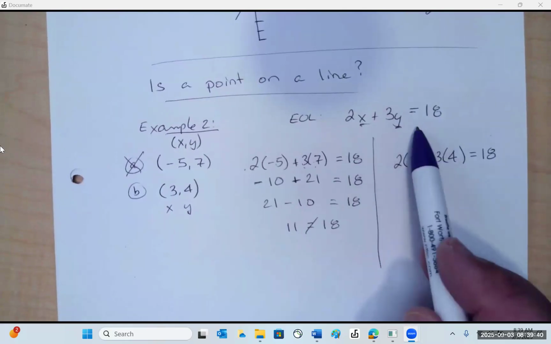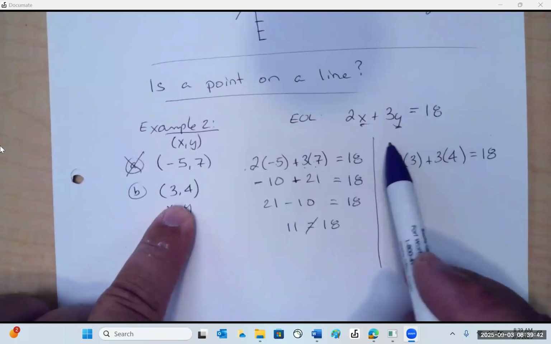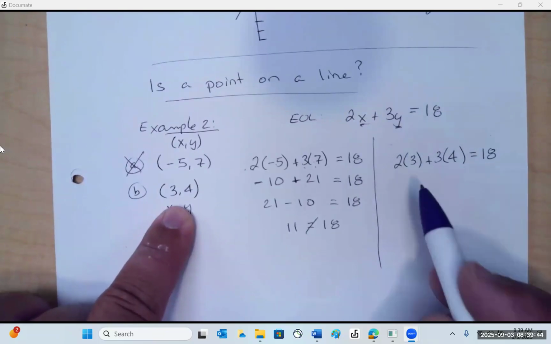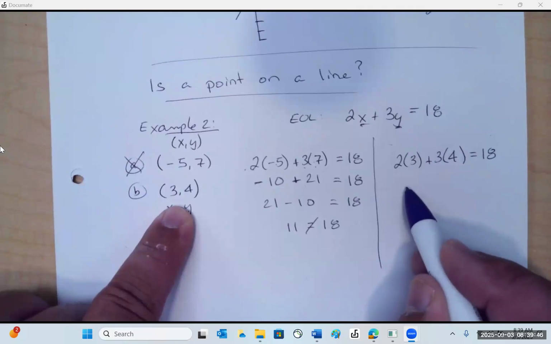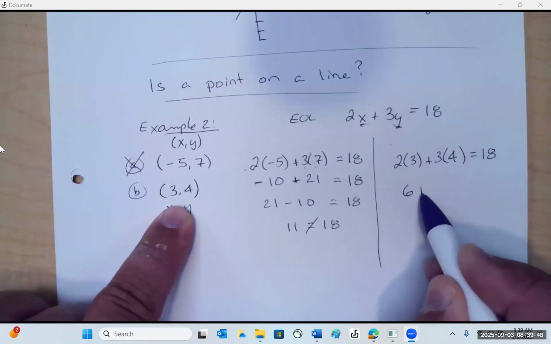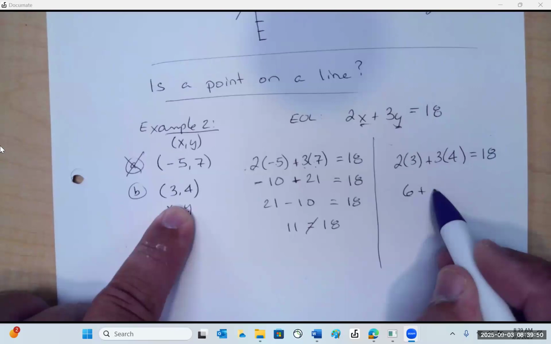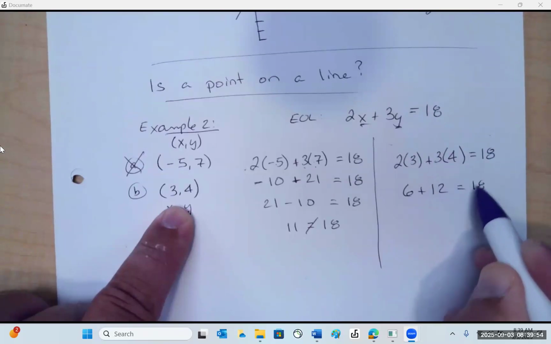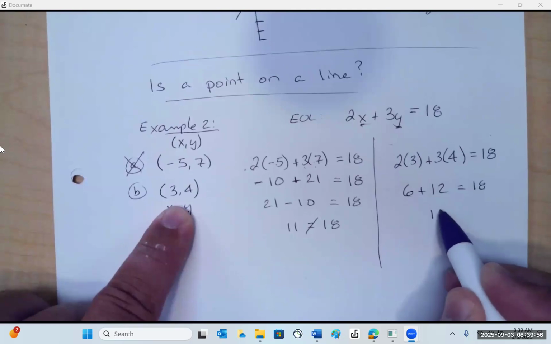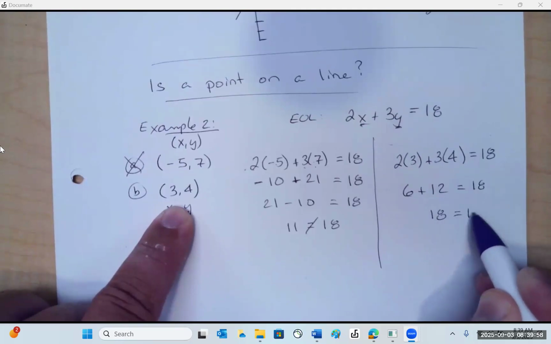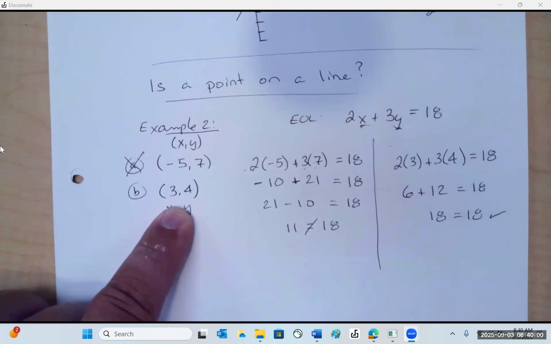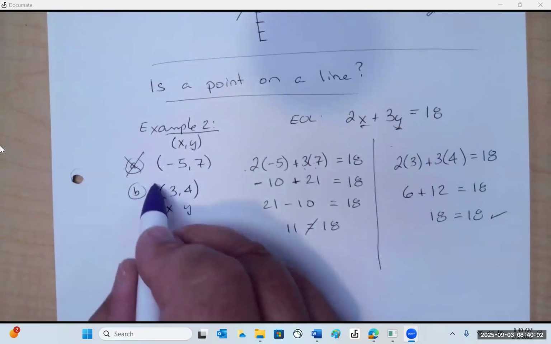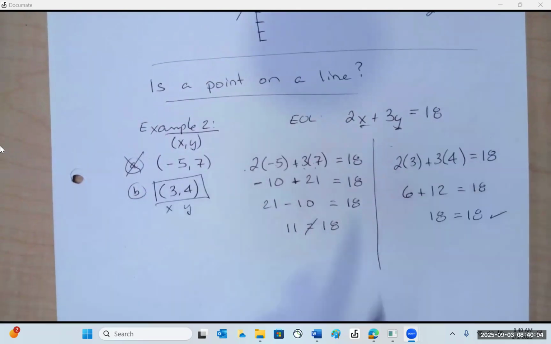If I have an equation and I have x and y, I just plug them in there. 2 times 3 is what? They're both positive. 3 times 4 is 6 plus 12 is 18. 18 equals 18. So (3, 4) is on that line.